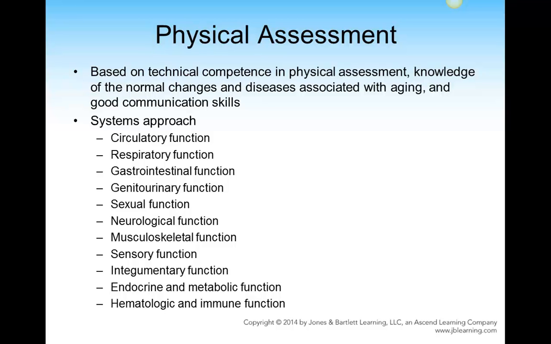We always do a systems approach. So as you're reading and as we're exploring diseases, you will be learning what are normal circulatory, respiratory, GI, GU, functional changes that can happen with aging, what is their baseline, and what disease do they have.